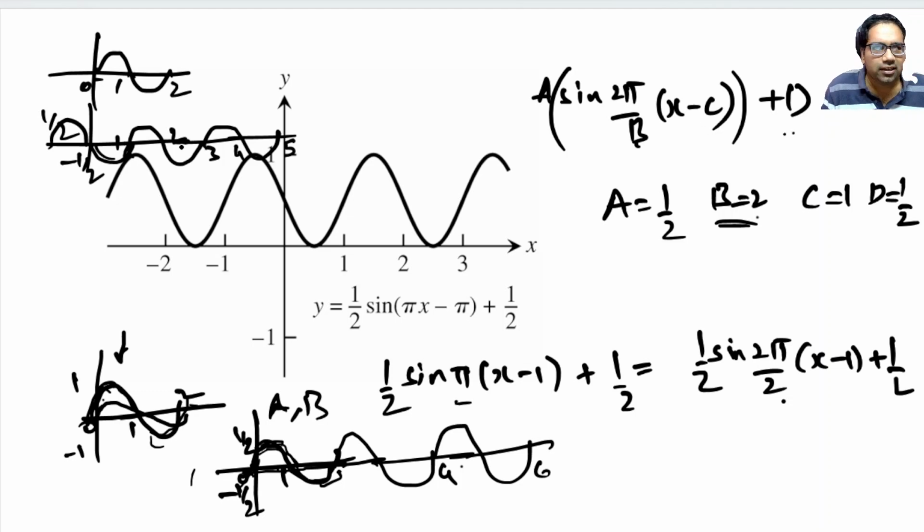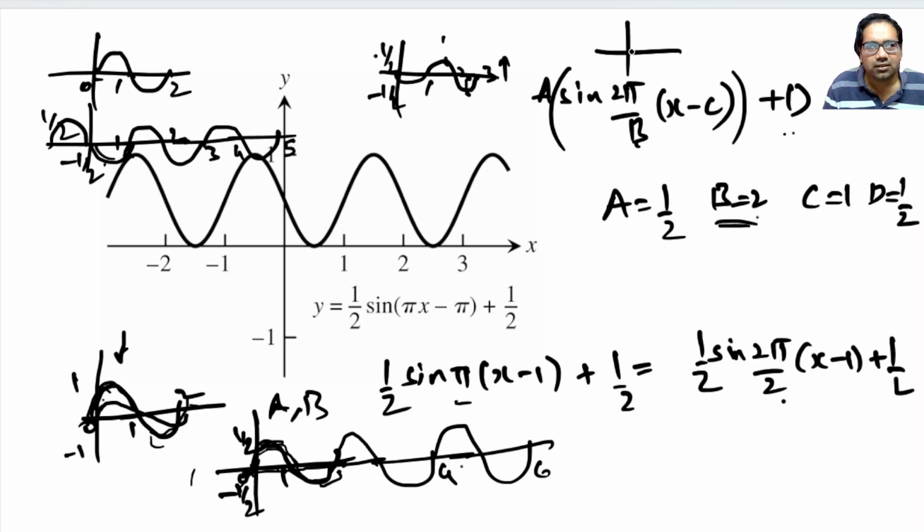Now what is D? Everything is shifted upwards half unit. Okay, we have this graph, with plus half and minus half as the limits. Now this entire graph is shifted half units upwards. That means whatever was minus half becomes 0, and whatever was plus half becomes 1.